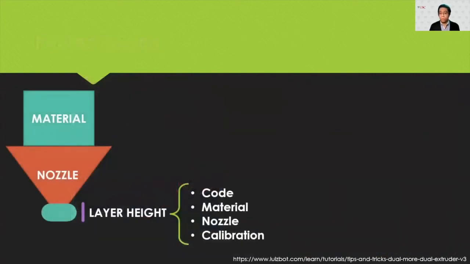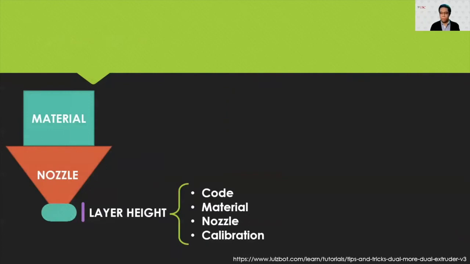An important note here, print quality is highly dependent on the height of the printed layers, and this will depend both on hardware and software. With software, we can control how much the Z motor will move between one layer and the next.